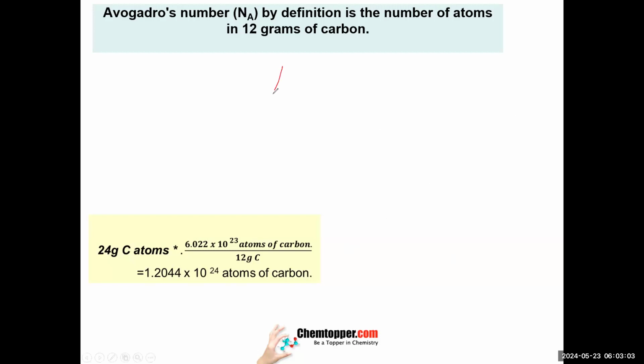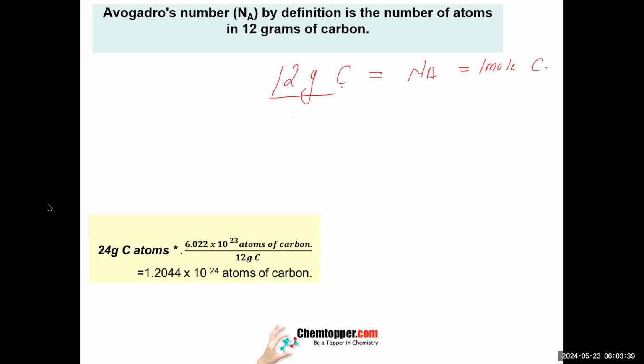They did experiments and mathematics and proved that 12 grams of carbon has Avogadro's number of atoms. And you see in the periodic table, 12 grams is the molar mass of carbon, right? This is also equal to 1 mole of carbon.